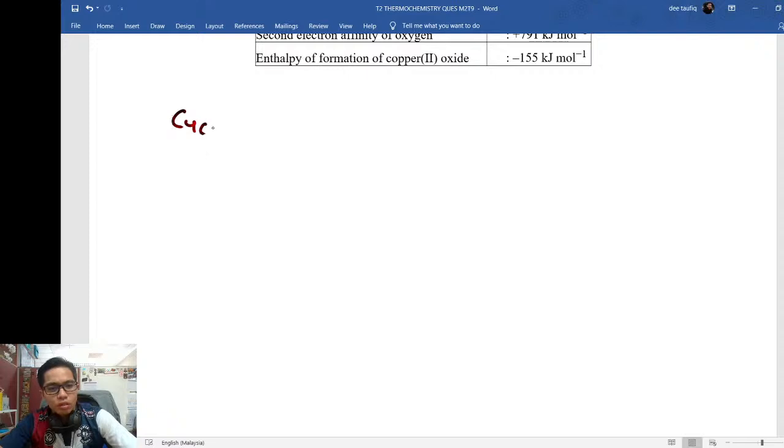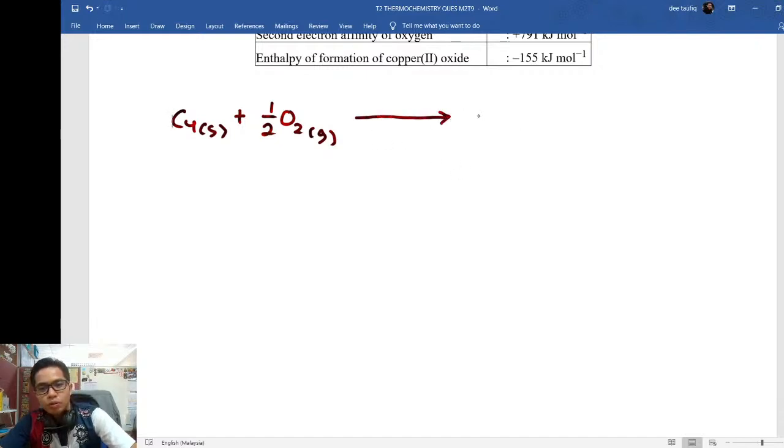So start with copper solid element and half of oxygen gas molecule to produce CuO solid.